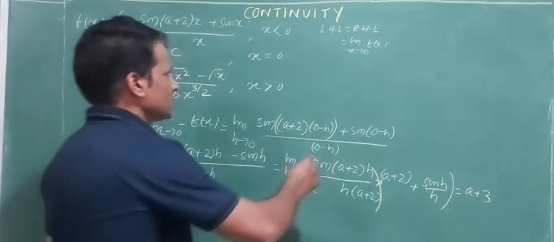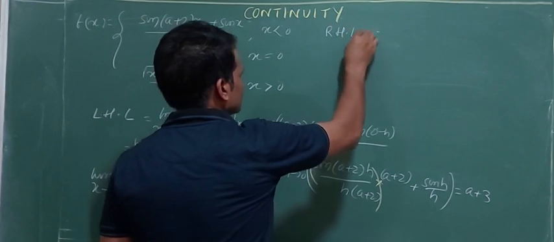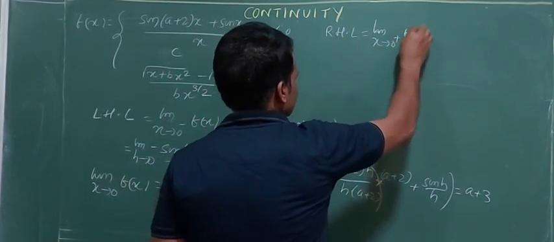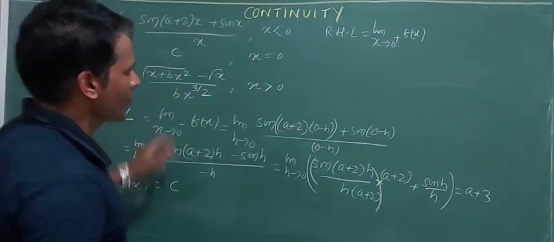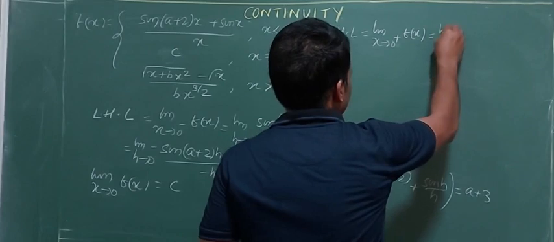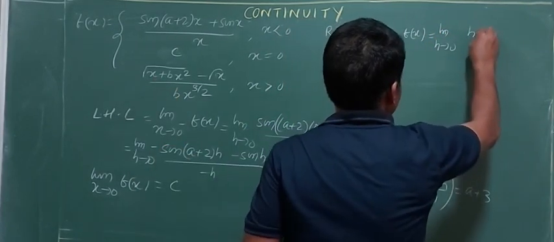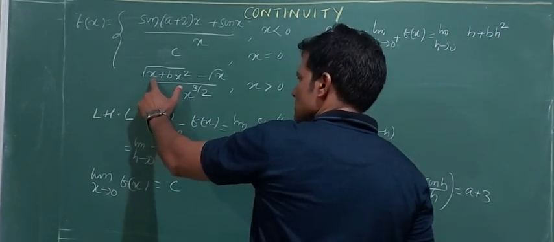Then I will go to the RHL. The limit as x tends to 0 plus of f(x). I will replace here: the limit as x tends to 0, 0 plus h plus b h square, because I replaced with 0 plus h, so 0 is left out.